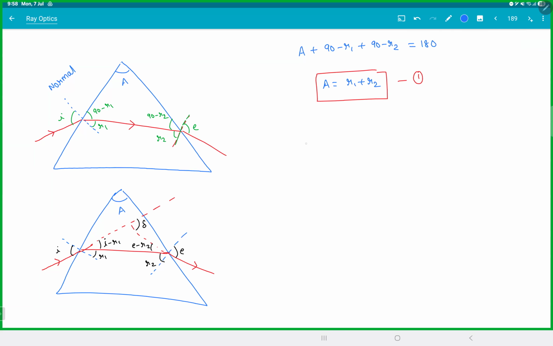So from that triangle, we get delta will be I minus R1 plus E minus R2, which is I plus E minus (R1 plus R2). And just now we saw that R1 plus R2 is A. So this is your second formula: the deviation is given by I plus E minus A.